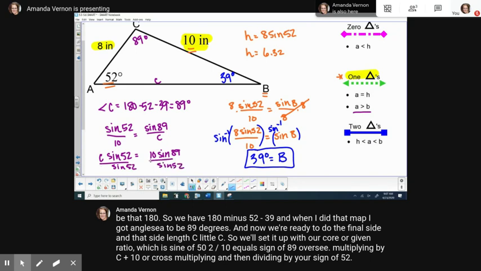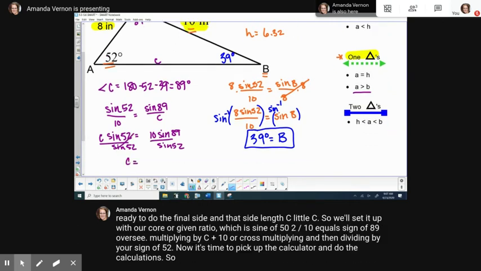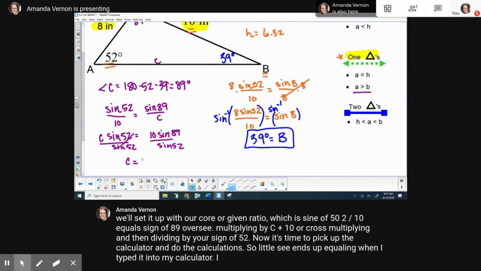Now it's time to pick up the calculator and do the calculations. So little c ends up equaling, when I typed it into my calculator, I got 12.69. There you go. We solved one.